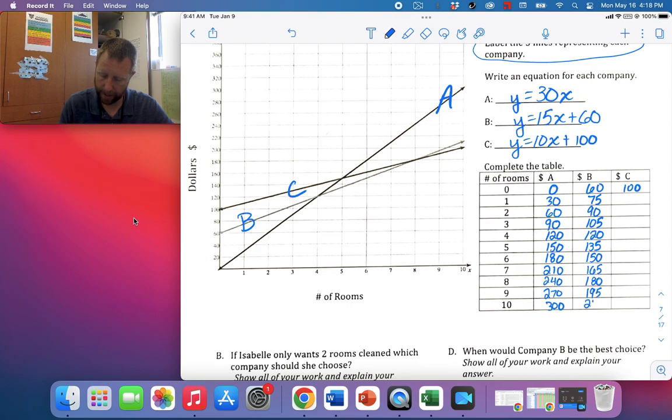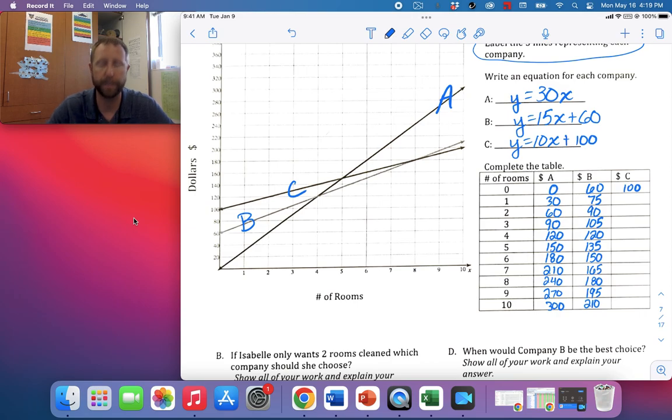And then 210. Okay, so it initially starts out more expensive, with that y-intercept at 60, but in the end, it's cheaper for company B compared to company A.